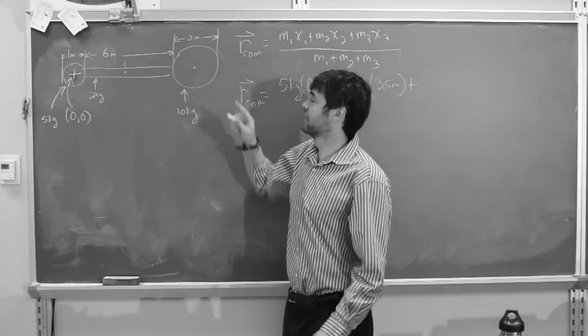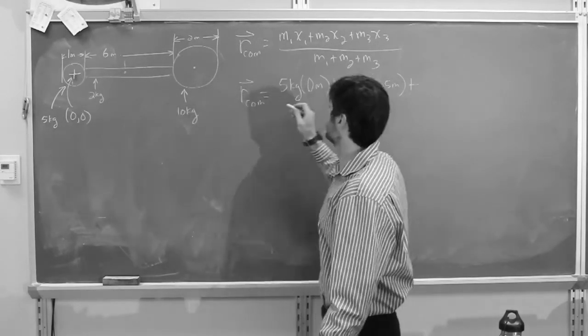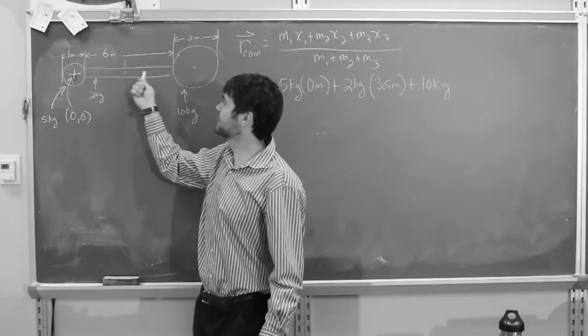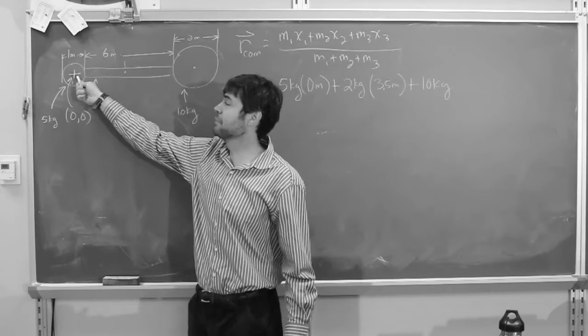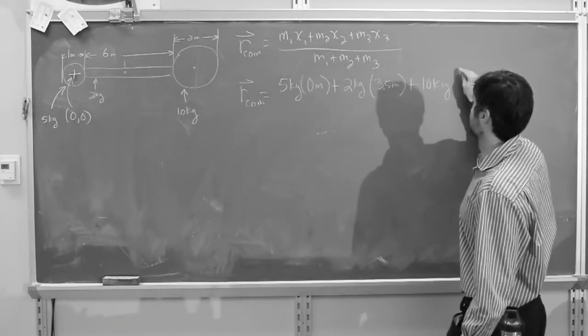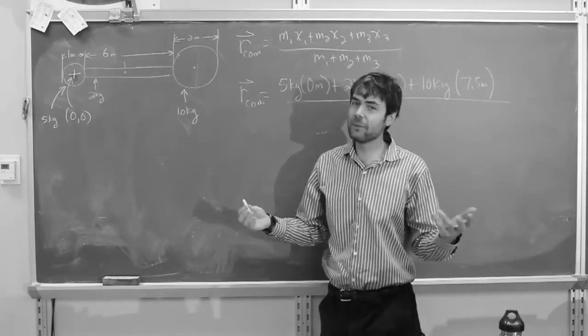Plus, we've got the third object here, the sphere. It's 10 kilograms. From the origin, that's 6 meters, plus half a meter, plus half of this, that's 1 meter. So that's going to be 7.5 meters. And this is how it's an average.